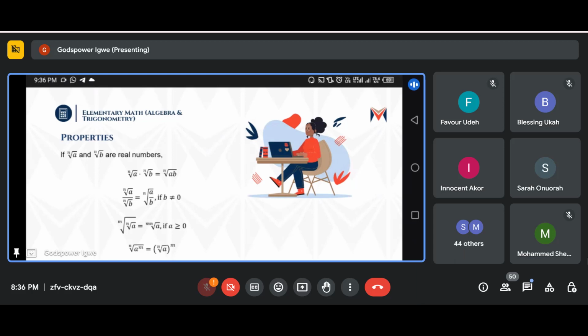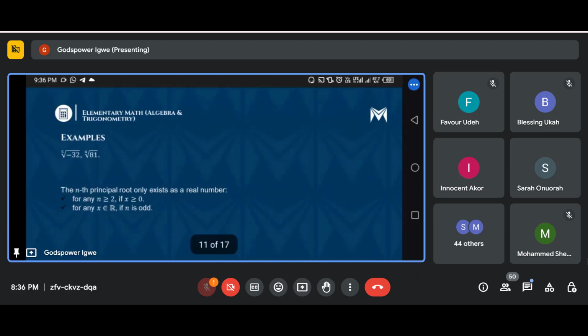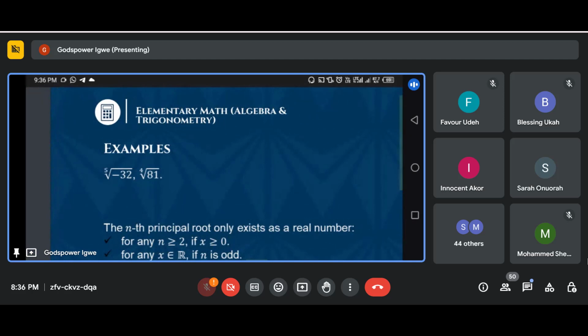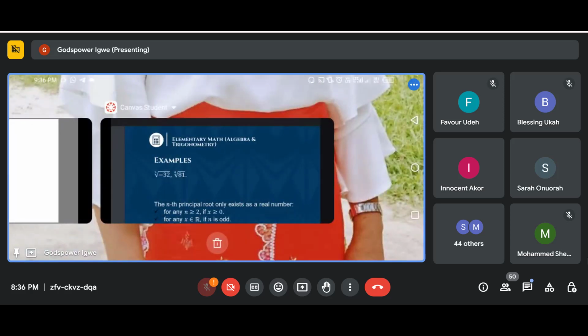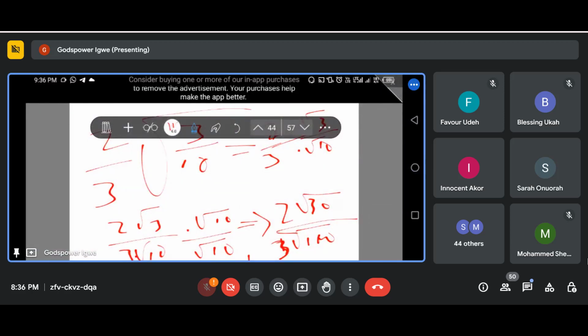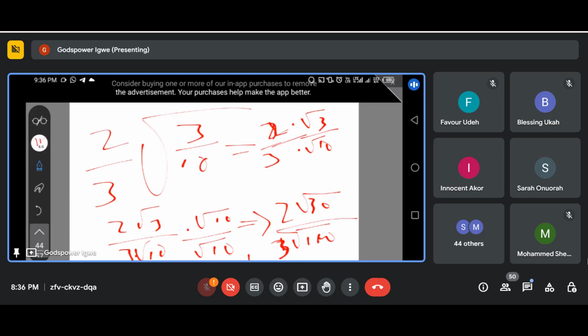Let me just explain what they're trying to say. See this particular question. So root 5, root what? Is it minus 30 what?